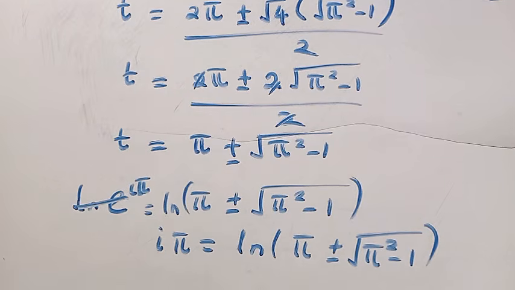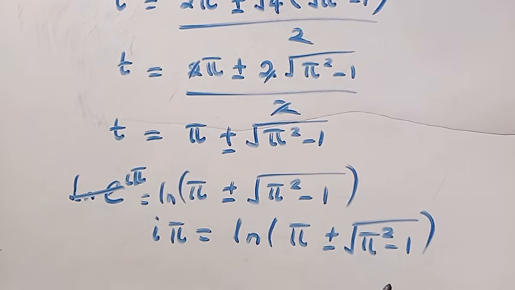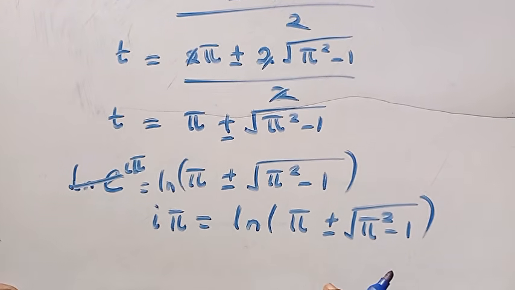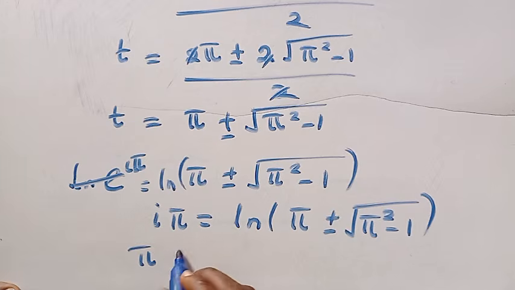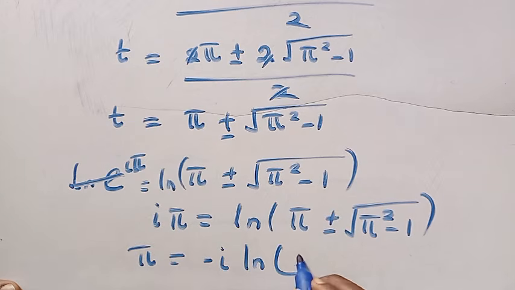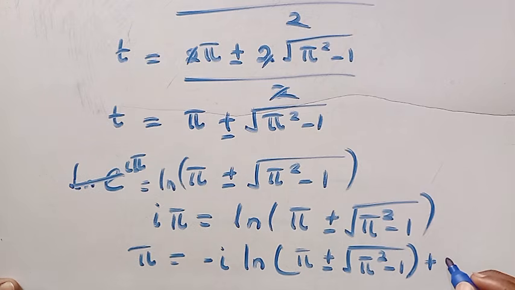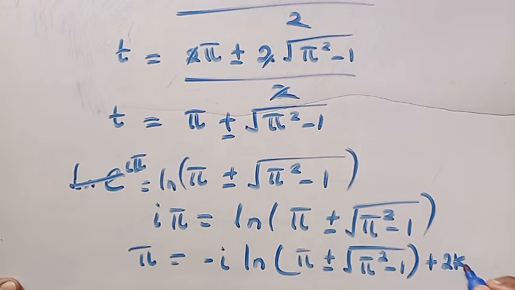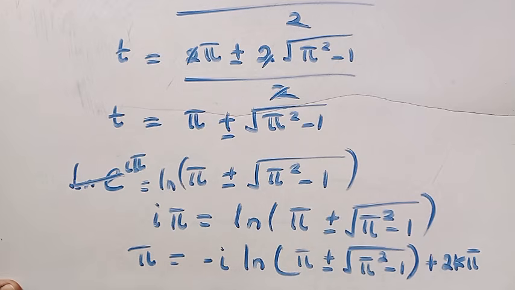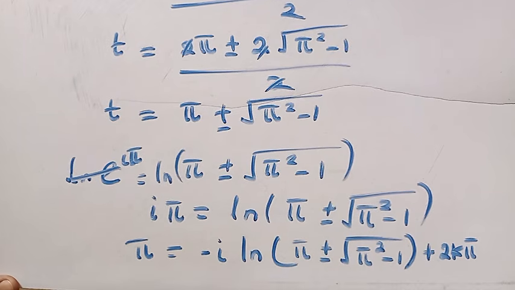Then let's divide both sides by i, and we have x equals minus i times ln of pi plus or minus the square root of pi squared minus 1, plus 2k pi, where k is a member of the integers. That is how we solve this step by step.